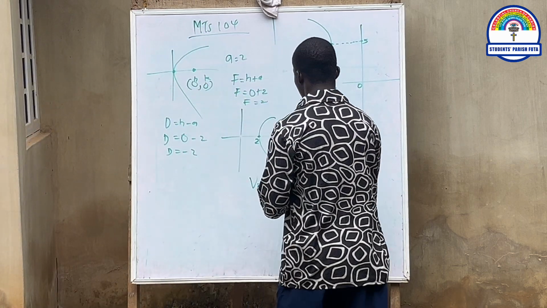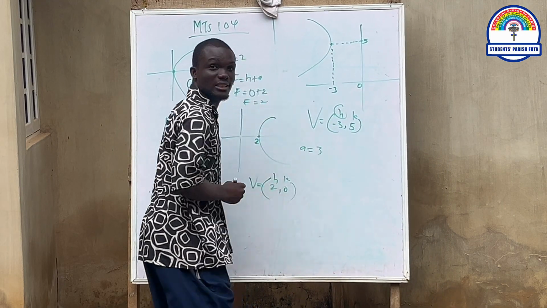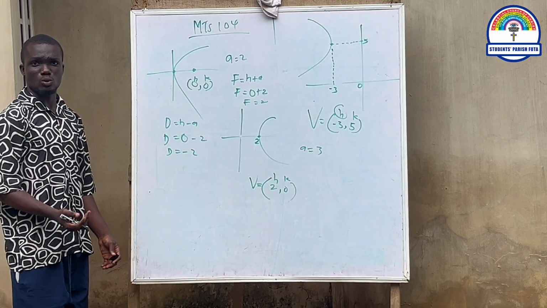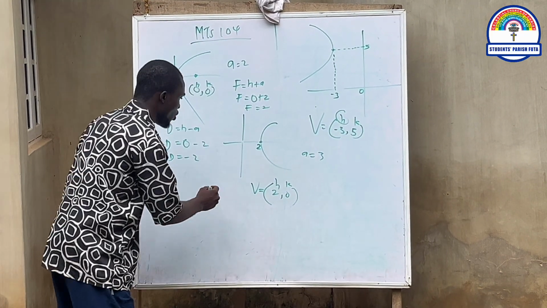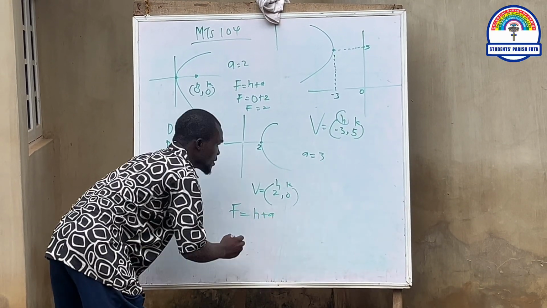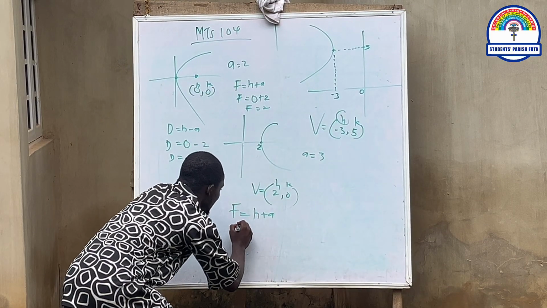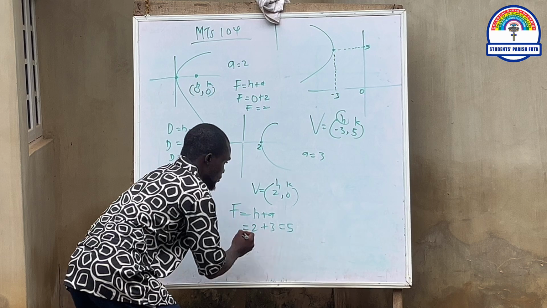Now, let's check this place. Let us say our a here is equal to 3. This is the second diagram, right? So now, to get focus, what are we going to do? Our focus f is equal to h plus a. What is our h here? 2, right? That's 2 plus 3, which is equal to 5.